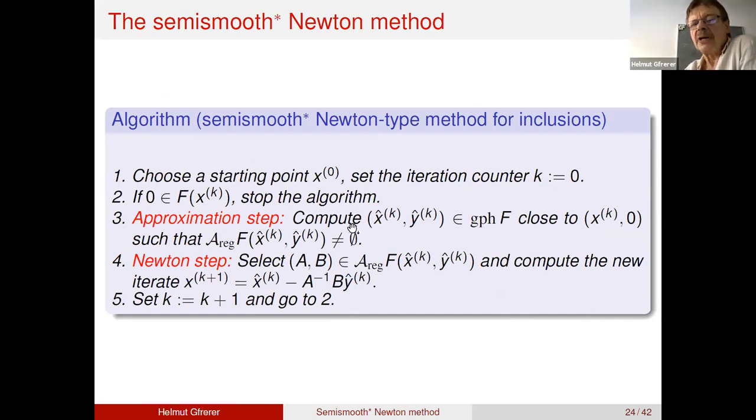Otherwise, perform the approximation step, then select matrices A and B belonging to A_reg F, and compute the new iterate xk plus 1 as x hat k minus the inverse of A times B times y hat k. Increase the iteration counter and go back to step 2.